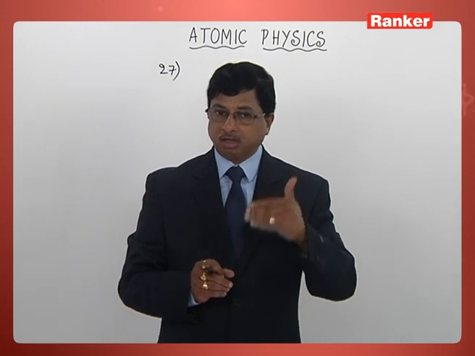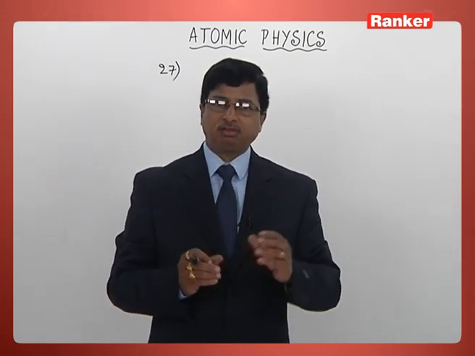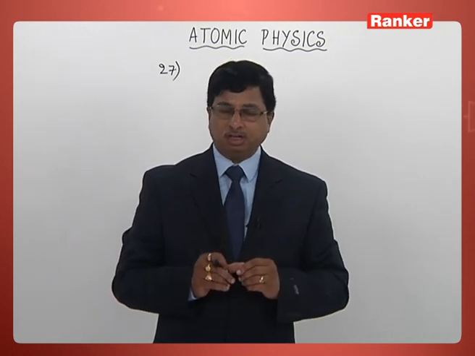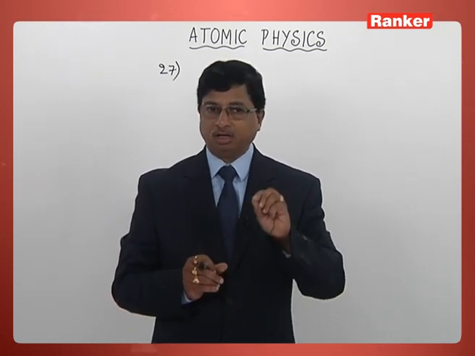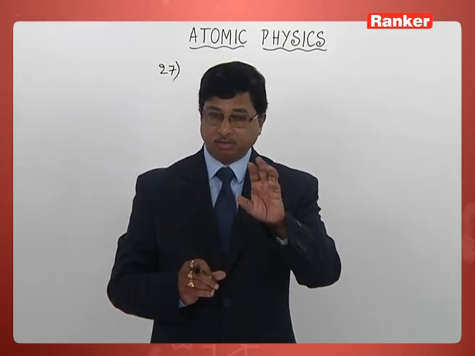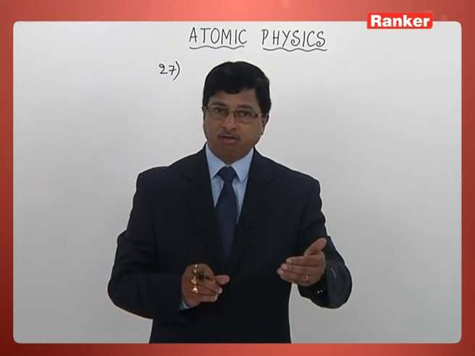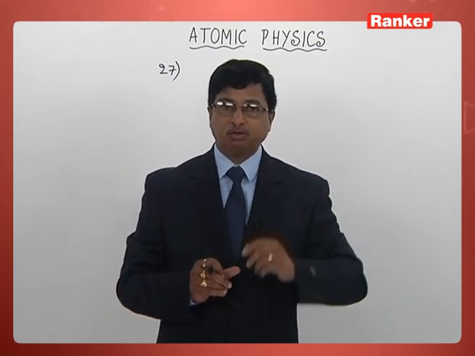That means a particle can behave like a wave. Same is the case the other way also. A particle like a proton, like the alpha particle in this problem, can have wave nature with a certain wavelength lambda also.